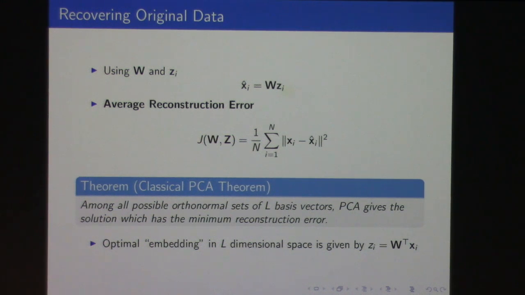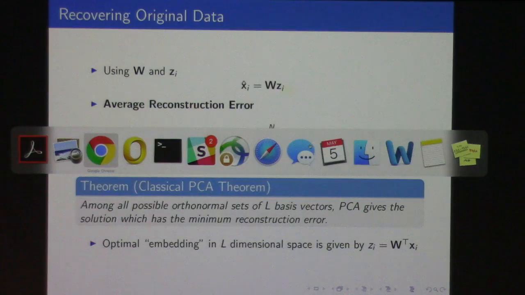If you use those L basis vectors to recover your data, then the error between your original data and your recovered data will be the minimum if you do PCA, right? So that helps us in saying, okay, we should use PCA essentially, right? So that is the idea, and now I want to show you how it is useful, right?